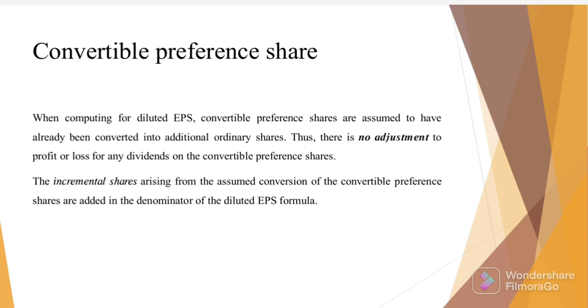Now let us answer some examples for diluted earnings per share, convertible preference shares. Entity A had the following capital structure during 2021. Convertible preference shares, 10 pesos par, 6% cumulative, 50,000 shares issued and outstanding, na 500,000 kasi 10 pesos par times 50,000 shares issued and outstanding.